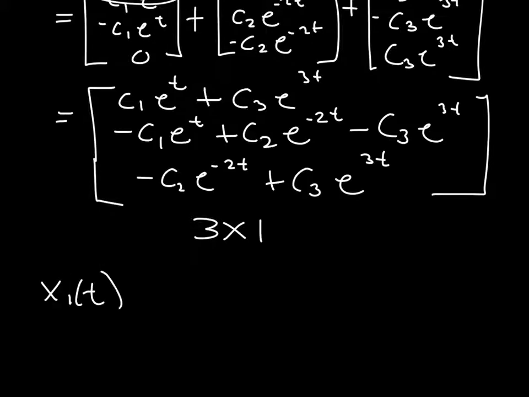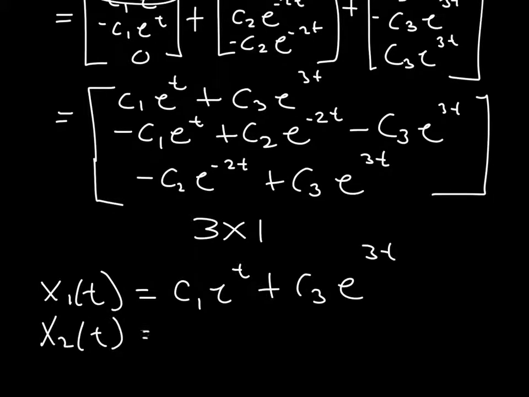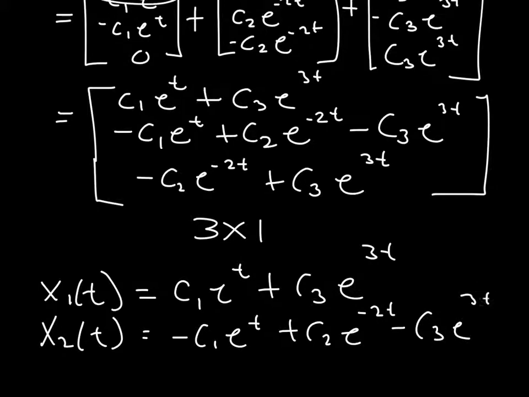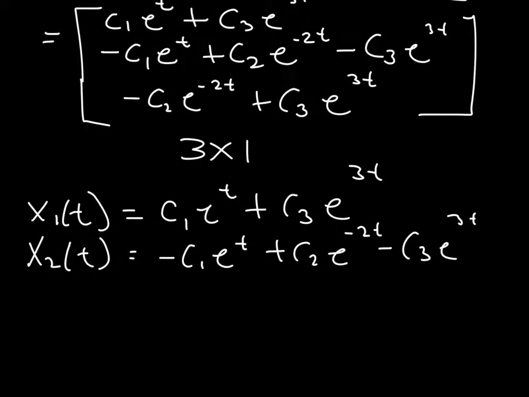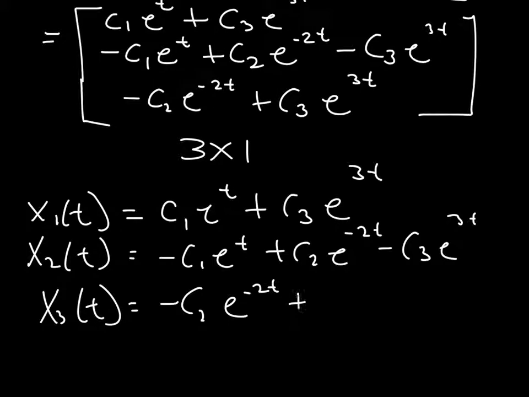X1 of t is equal to C1 e to the t plus C3 e to the 3t. X2 of t is negative C1 e to the t plus C2 e to the negative 2t minus C3 e to the 3t, and X3 of t is the last one.